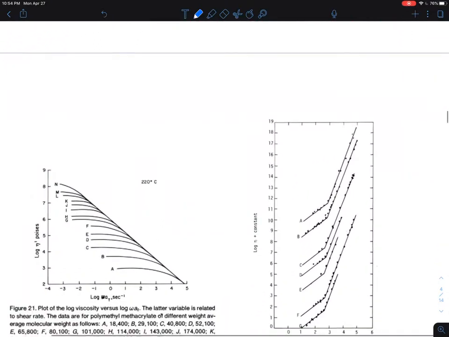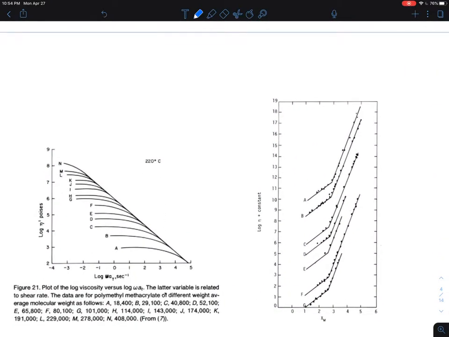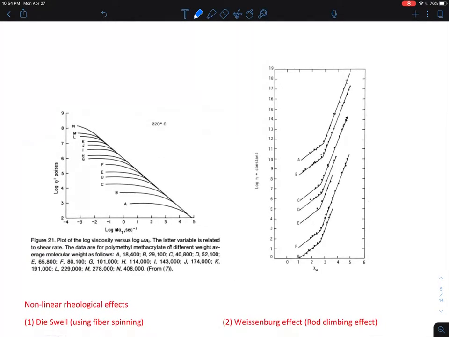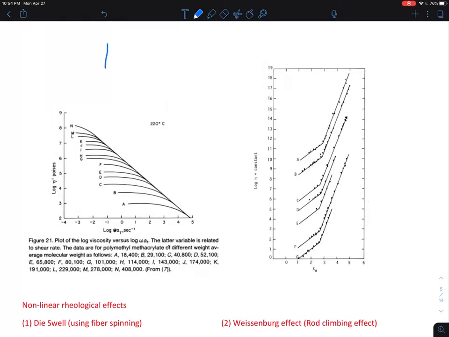Okay, and then I want to show you some of the shear thinning data. This is from the same paper from Garth Wilkes, and you saw this, and this is essentially once again the viscosity and the shear rate.